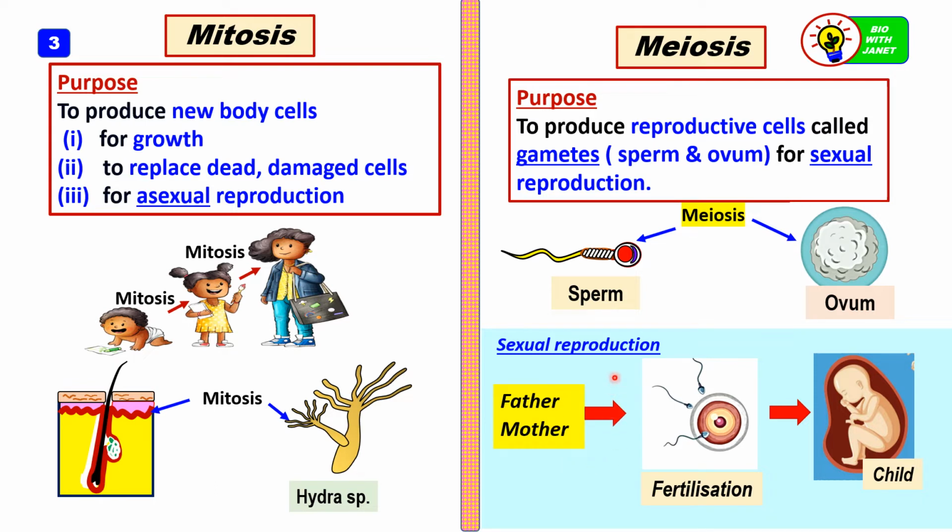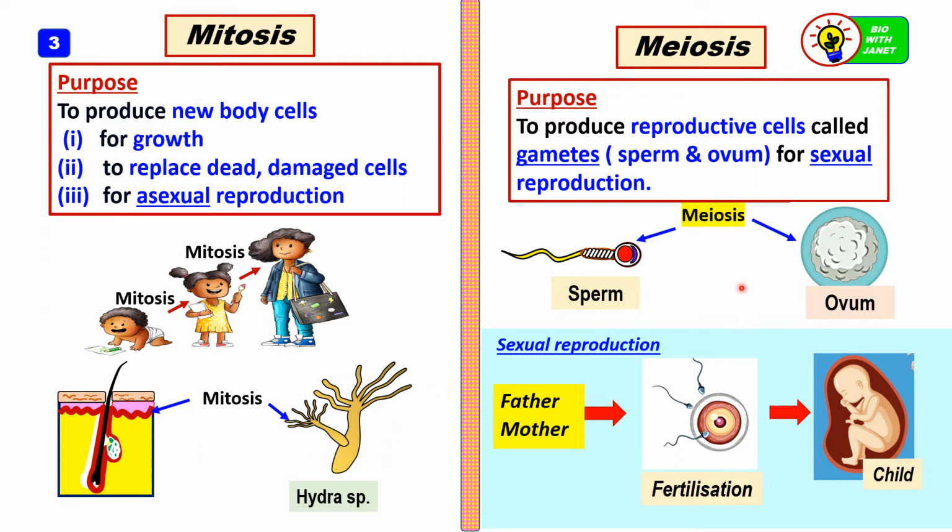So this is called sexual reproduction because two parents are involved, father and mother, not one, but two parents are involved, and fertilization is involved, gametes are also involved. So this is called sexual reproduction as opposed to asexual reproduction, in which mitosis is involved.